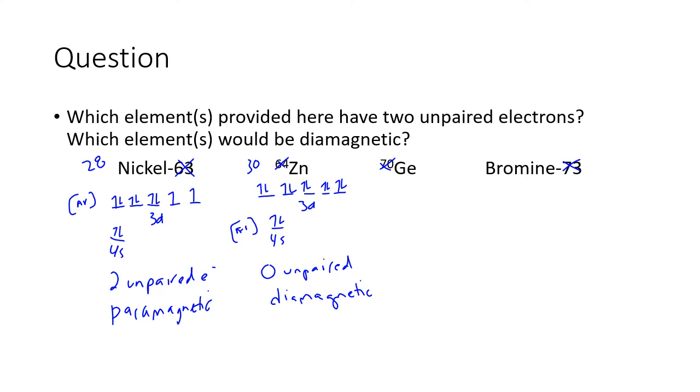Germanium is going to have 32 electrons. So that would be the configuration 4s2, 3d. It's related to argon again.